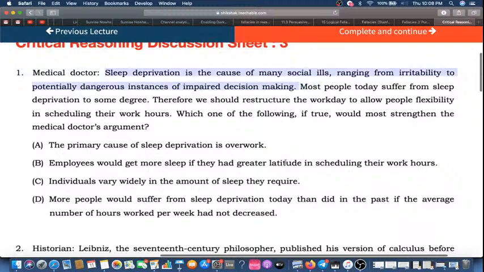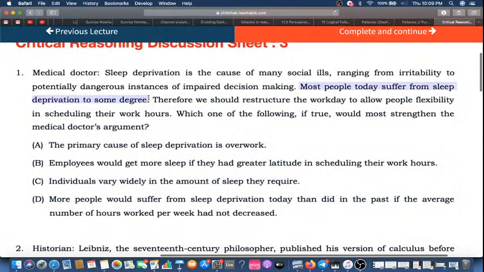Sleep deprivation is the cause of many social ills, ranging from irritability to potentially dangerous instances of impaired decision making. Simple summary: sleep deprivation, or lack of sleep, is bad for you. Most people today suffer from sleep deprivation to some degree.